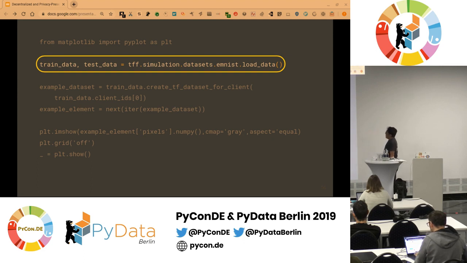Essentially, the TFF simulation dataset MNIST is the MNIST dataset supplied by TFF, and you call load data on this, and that gives you a pair of train data and test data, right? If you look at the following lines, you'd see that the train data actually has something called client IDs, so it's already sharded into a certain number of clients, right?